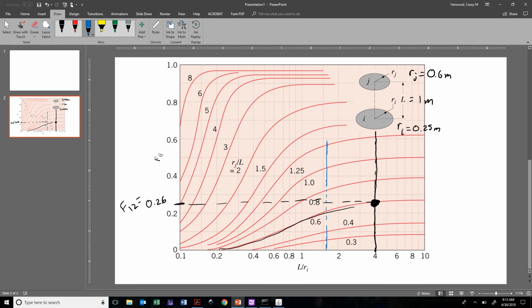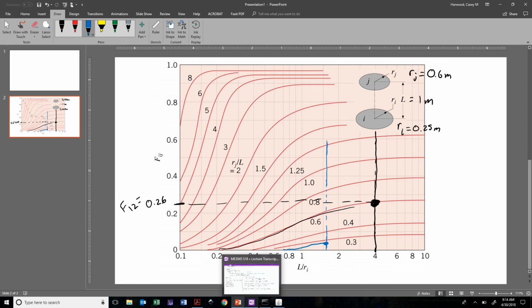And then 0.25 over 1 should get us 0.25, which would be a curve somewhere right around here. And so the idea is we can see that it's right around 0.05. And so there's another kind of sanity check that you're not totally off base.